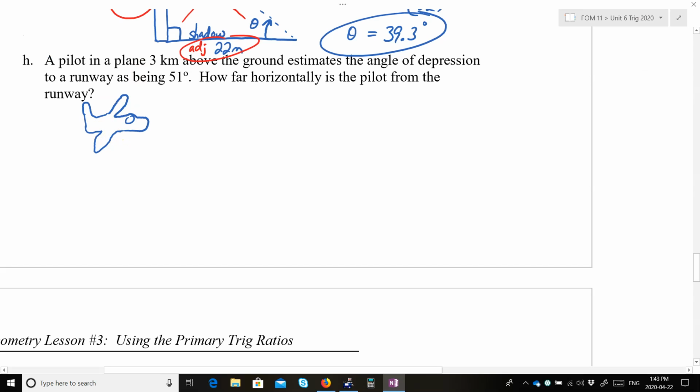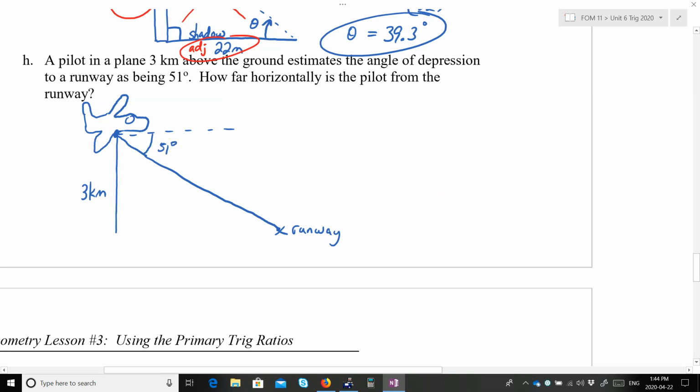Okay, so a pilot in a plane 3 kilometers above the ground. We will say that is 3 kilometers. Estimates the angle of depression to a runway as being 51 degrees. So the angle of depression down to the runway is 51 degrees.